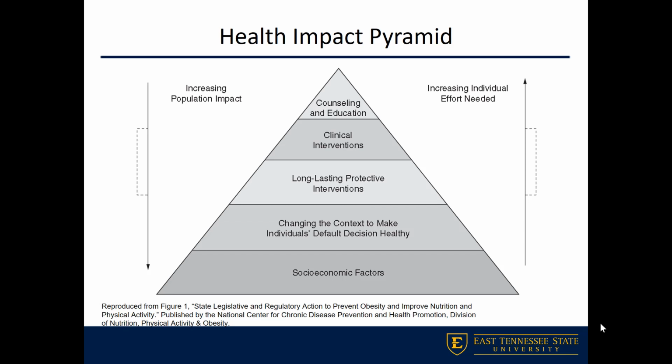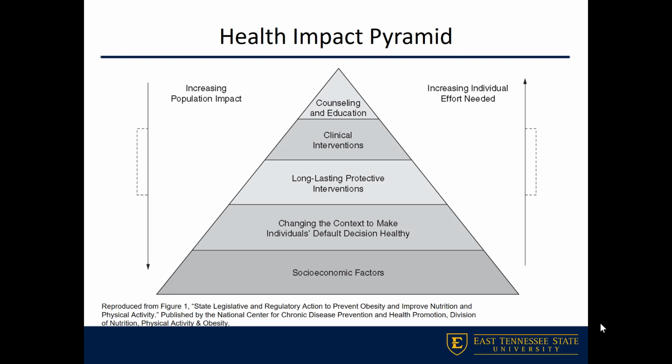Okay. So this is the last of the figures, or the non-statistical figures, I guess, in this lecture. This is a really important one. This is the health impact pyramid, and I think it's a really good way to frame what is possible in public health.